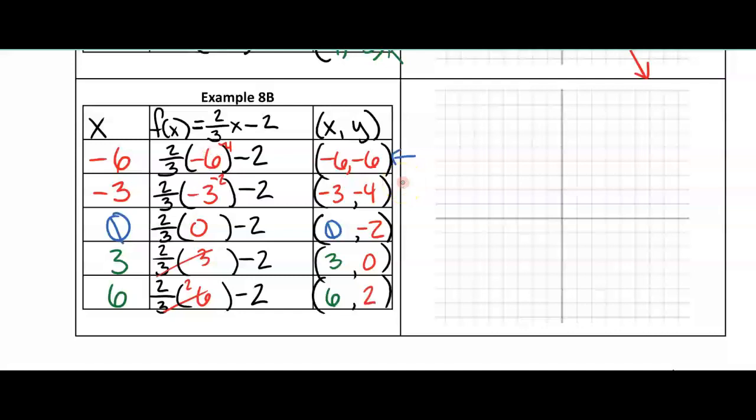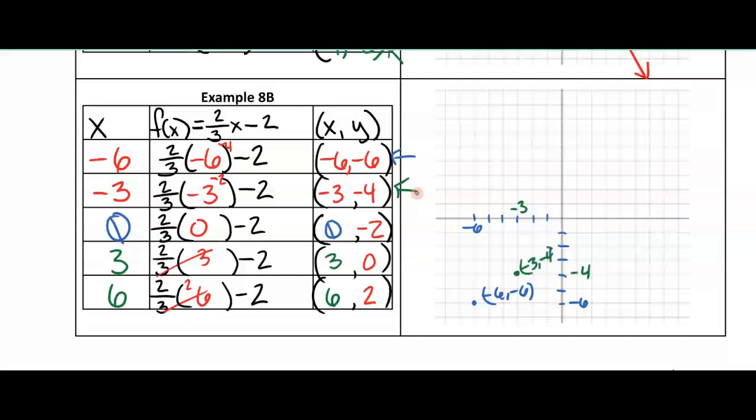All right, and then plotting these, we should get a -6, -6. 1, 2, 3, 4, 5, 6. Which would be here. Okay. Then -3, -4 would be here.